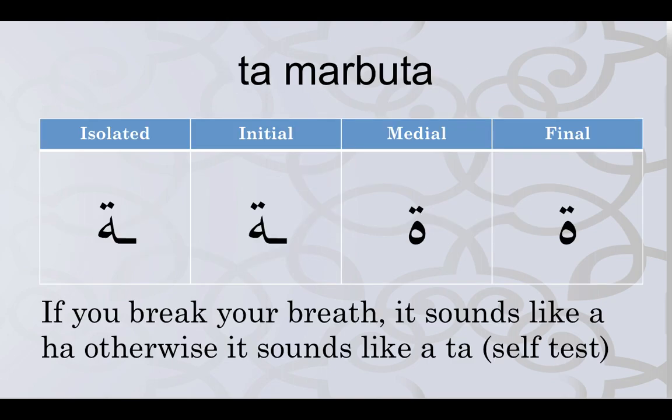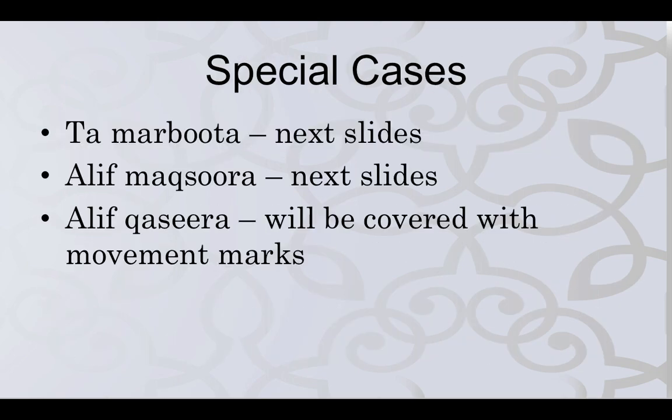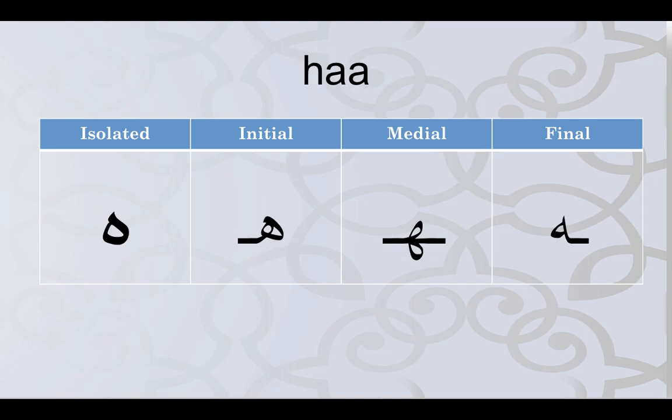So let's get into the ta marbuta. This is a special letter in that it's written like the ha. So if you remember, let me go back to it. Notice that it's written like, don't forget the initial and the medial forms of the ha.